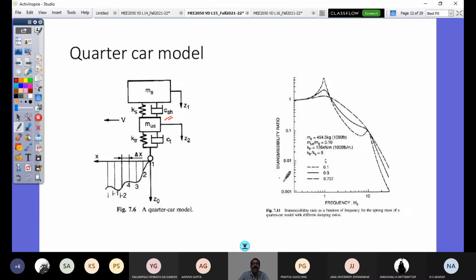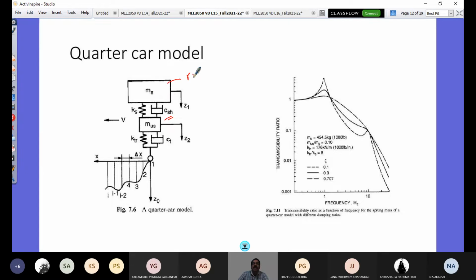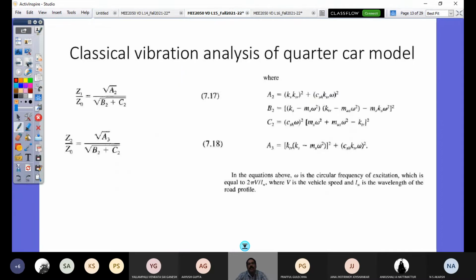So what we are interested in here is this, what is this RMS acceleration? RMS acceleration of this MS. So this is what I am interested in finding out. And in fact, this is again a revision of what we have done in the previous class, classical vibration analysis of quarter car model to get your amplitude ratio.